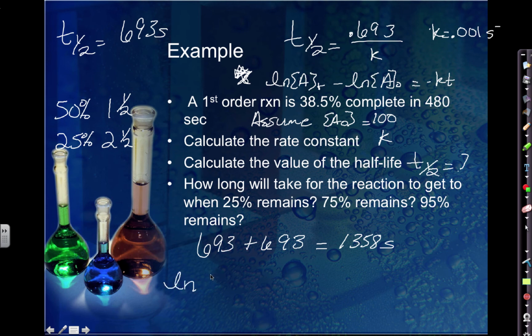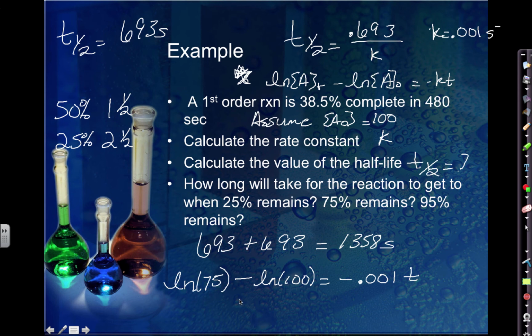So the natural log of 75, because 75% remains, so at some time, some amount of time has gone by, 75% remains, minus the natural log of the initial concentration, which I'm going to assume is 100. Set that equal to negative K, which is 0.001, multiplied by the time, which I'm solving for. I want to know how long it takes me to get to a concentration of 75.